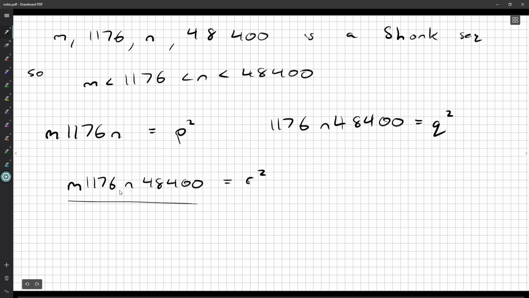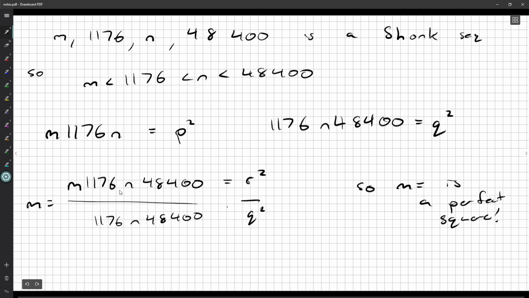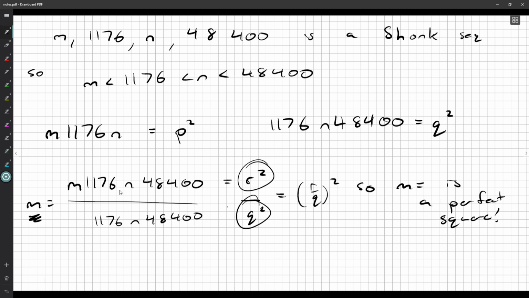If I divide this by Q squared, I should get M. So M is a perfect square. Okay. Because it's one square divided by another square, so this is whatever R over Q is, all squared. And R over Q will have to be an integer, because when you square it, you get an integer that we know is M. It just so happens that M is a perfect square.